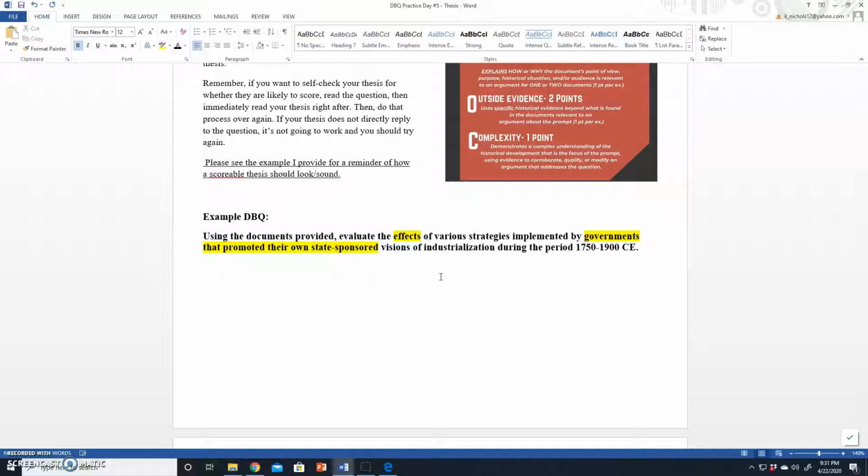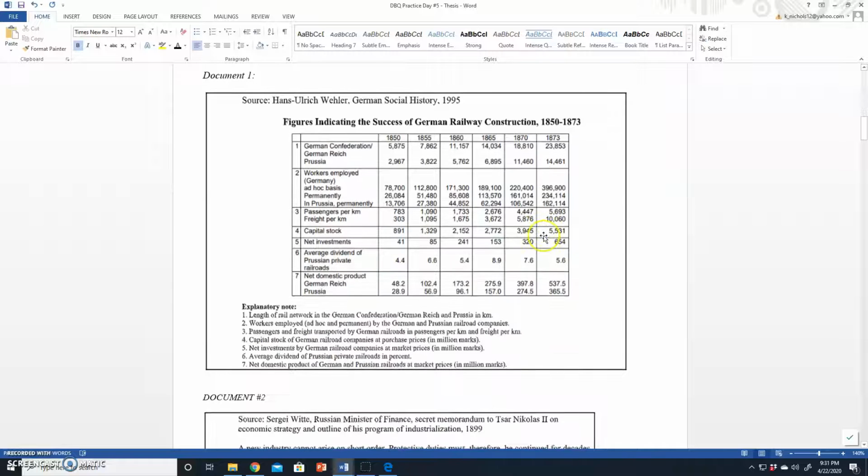You're talking about how each country, each nation used that industrialization to promote their own gains. How they used it to help themselves. And then, of course, you've got the time period. Those, I would say, are like your 3 key points that you really need to understand when you're looking at this question.